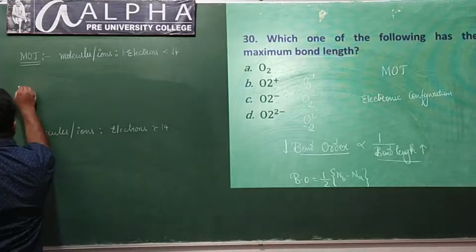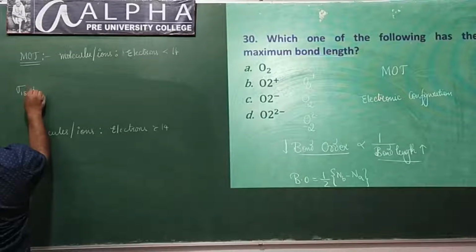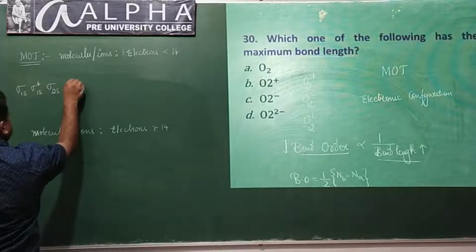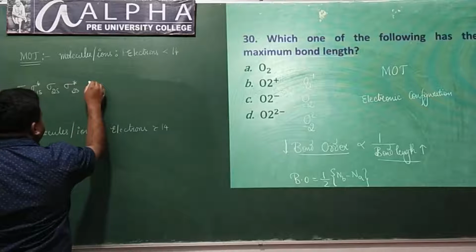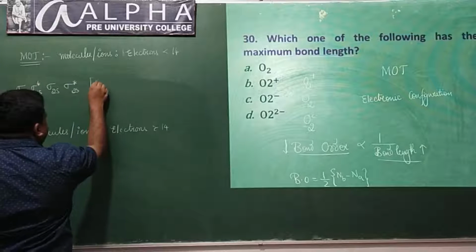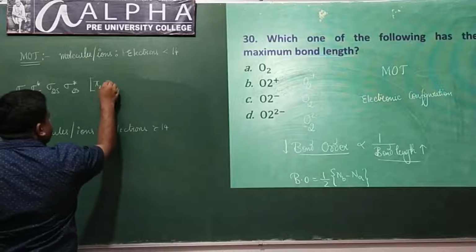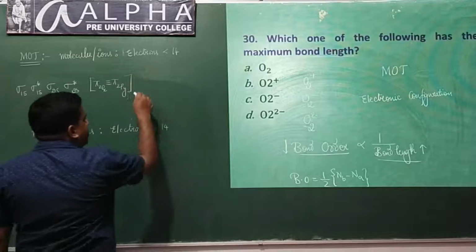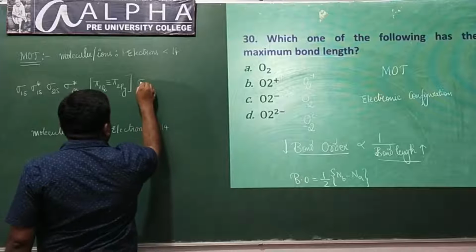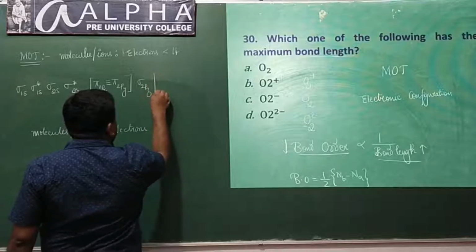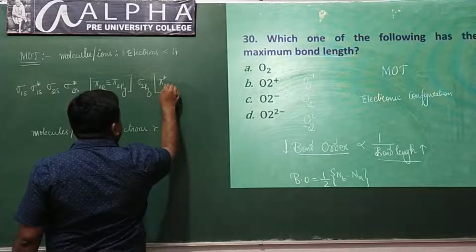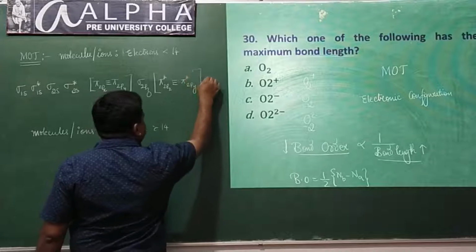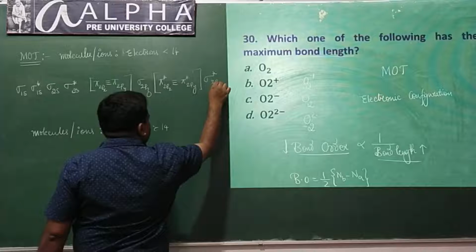Please remember, it is sigma 1s, sigma star 1s, sigma 2s, sigma star 2s, pi 2px, pi 2py, sigma 2pz, pi star 2px, pi star 2py, and then sigma star 2pz.